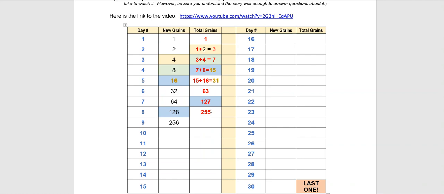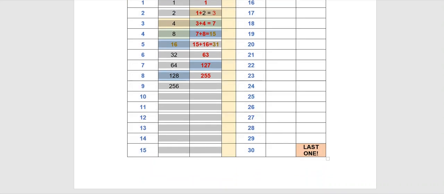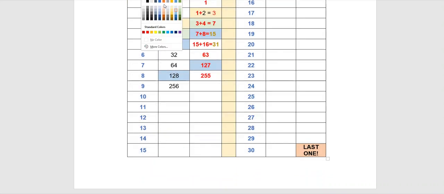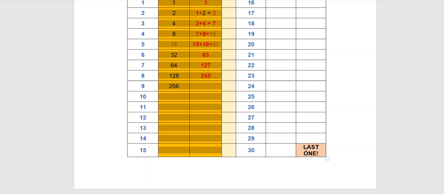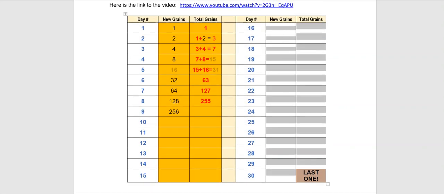So however you want to go about filling in these different cells in the chart is fine, but what you need to do is finish all of the, let me show you by highlighting it. You need to, by the end, finish by getting all of these numbers filled in.